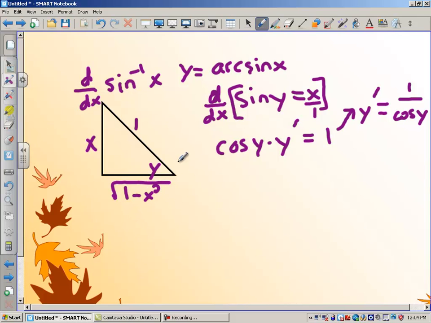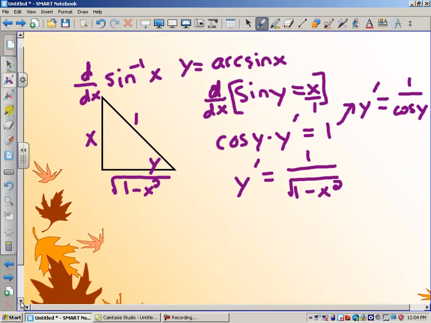So the cosine of this angle would be adjacent over hypotenuse. So I'm going to replace 1 over cosine of y, and you get your arc sine derivative in terms of x. So the derivative of arc sine is 1 divided by the square root of 1 minus x squared. That's sort of a weird little derivative, but again, take heart because this is the last thing you have to memorize for derivatives.